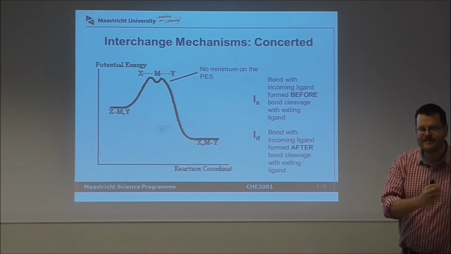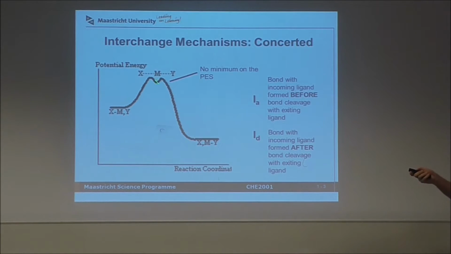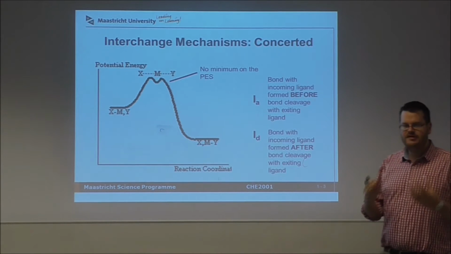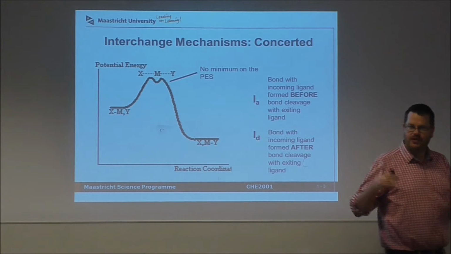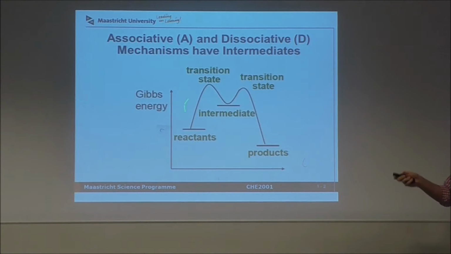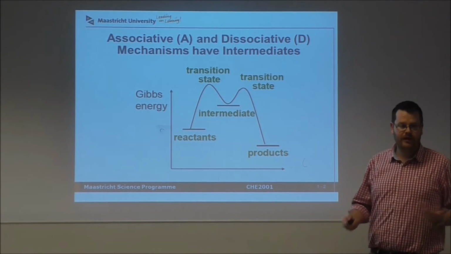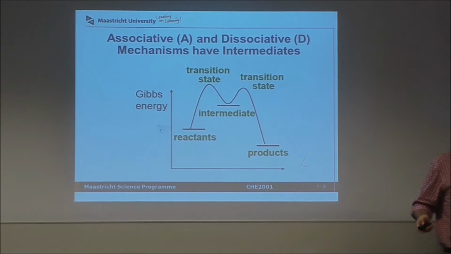Now, the difference between an IA and an A, in other words, an interchange mechanism A and a formal associative mechanism, is simply the fact that we don't have a minimum on the free energy surface. The process is concerted. It's a one-step substitution process. Whereas with A, it occurs in 2 steps, where you have an intermediate that you can perhaps detect spectroscopically, or even, if you like, isolate. It's difficult to do that, but it's in principle possible.